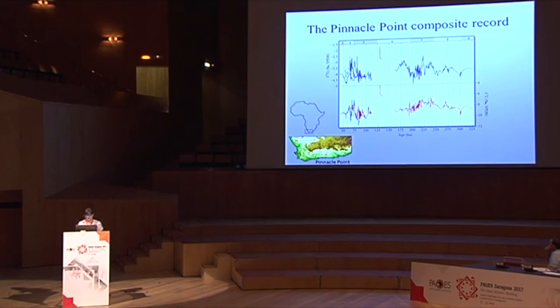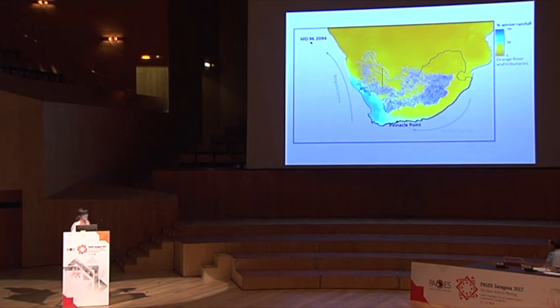Okay. So the next thing I wanted to do is to look at other paleoclimatic records from the region that might reflect some of the rainfall systems that are influential on the south coast. One of the records that I found was this record from the Walvis Ridge that was published in 2002 by Stuut et al.